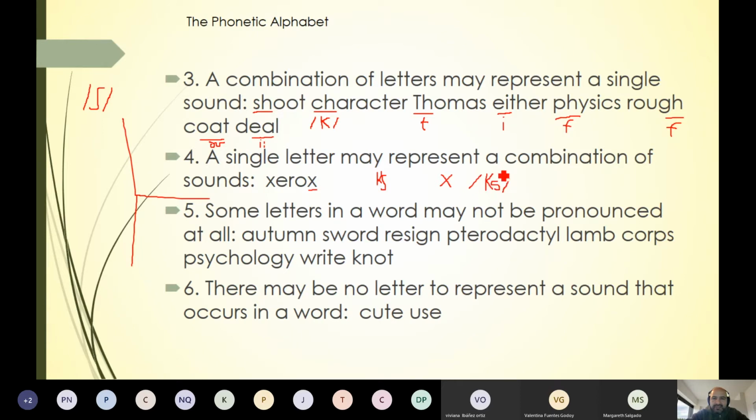This is a representation in terms of phonemic symbols of this grapheme. Number 5, read by Margaret, says some letters in a word may not be pronounced at all. Autumn, I guess this one is not pronounced, is it?